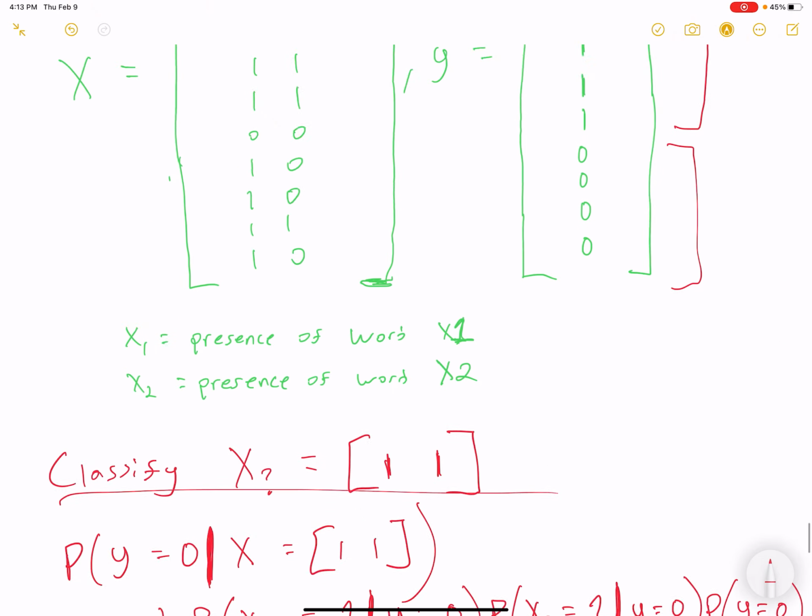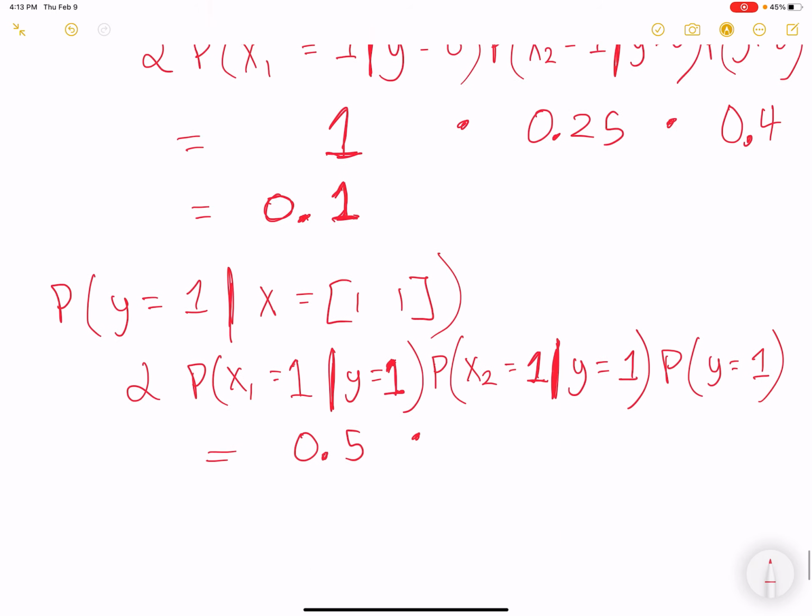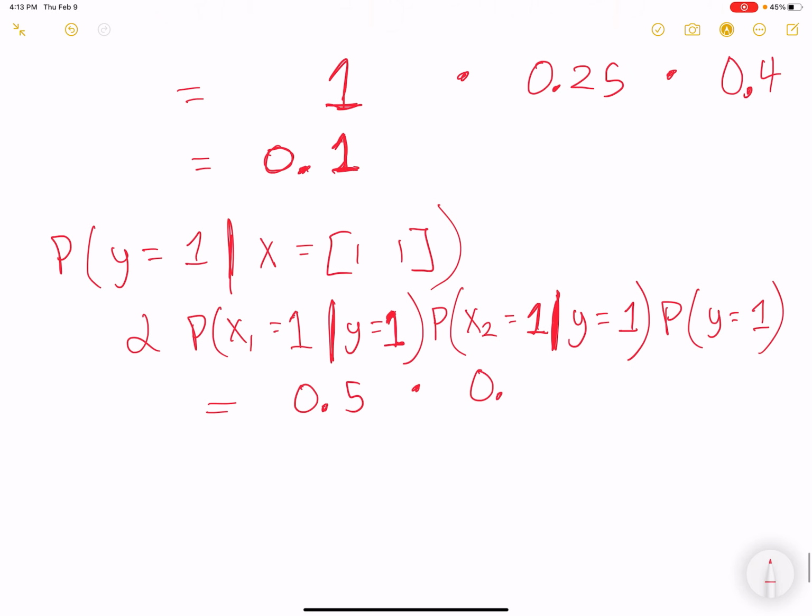Same thing for x2. 1, 2, 3, 4 of them. So that probability is 2/3. Times, what's the probability that y equals 1? That was 6 out of the 10 data points. And that is equal to 0.2.